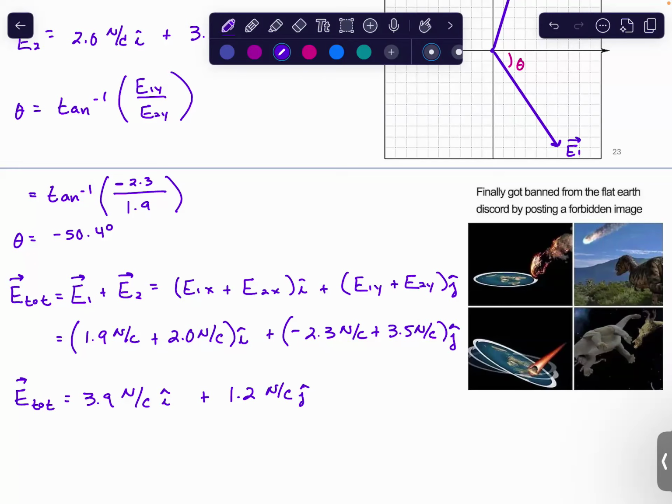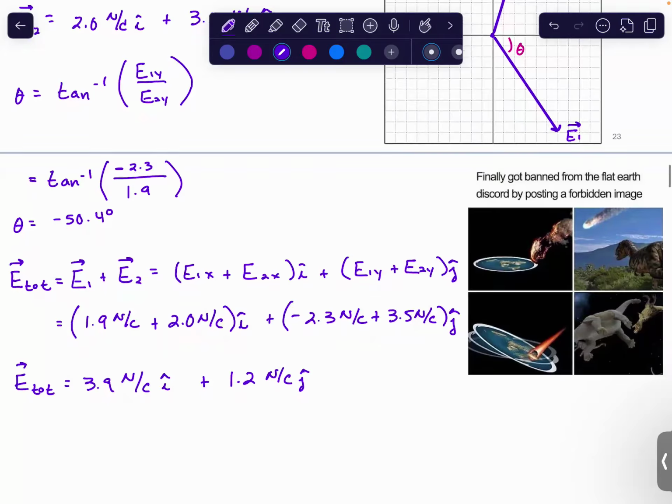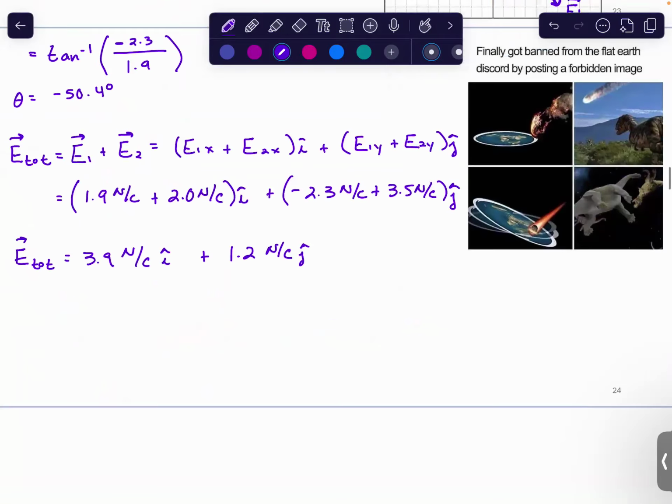So first off, I already know that this total field is going to be a first quadrant vector. Why? Both positive. So let's go ahead and figure out the magnitude of this vector. Again, we're going to square both the components, add them together, and take the square root.